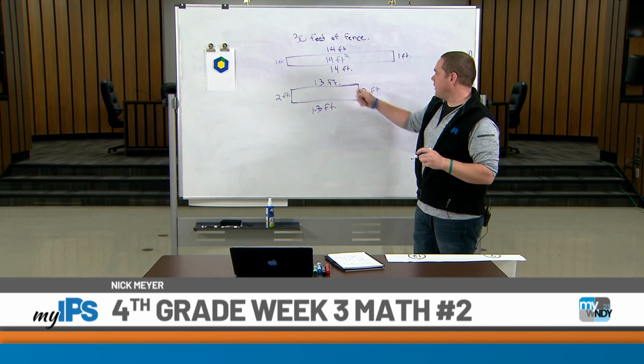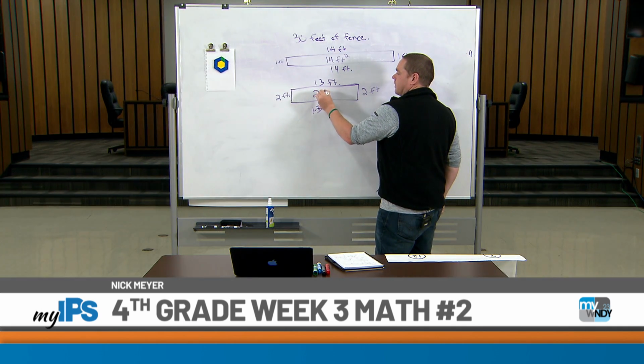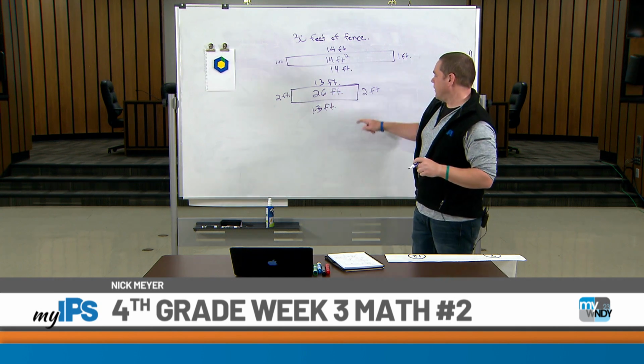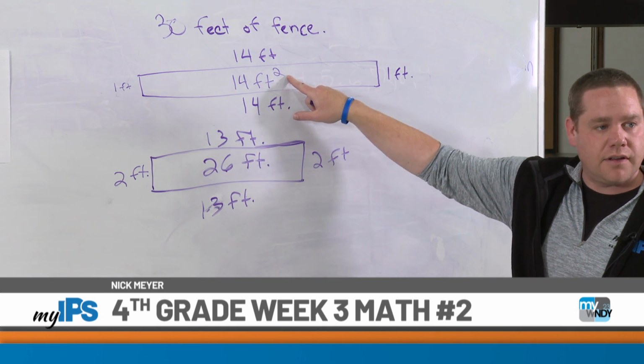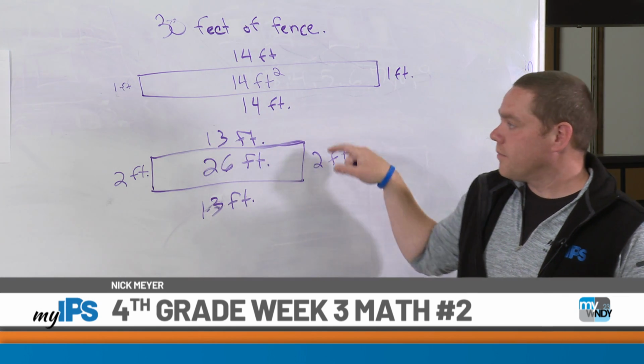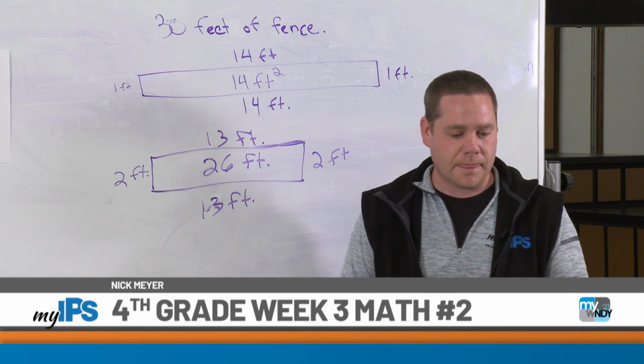So now their dog just got a whole bunch more room to play in, didn't it? Because now it is 13 by 2, 26 square feet, which is a lot more than 14 square feet. But they still used 30 feet of fencing.